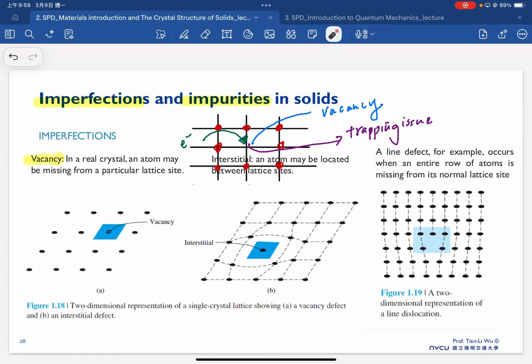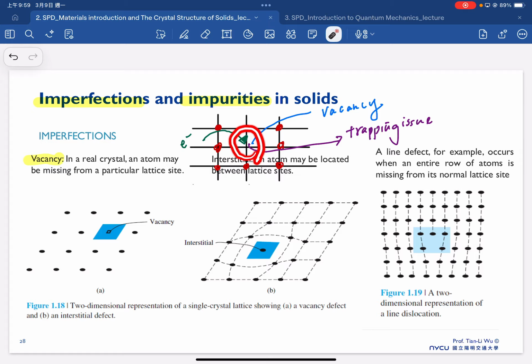Another particular issue is that the charge is not stable. Sometimes these electrons will stay in this location, which we generally call trapping. But you don't know when this charge will leak away, when it will leave this place.